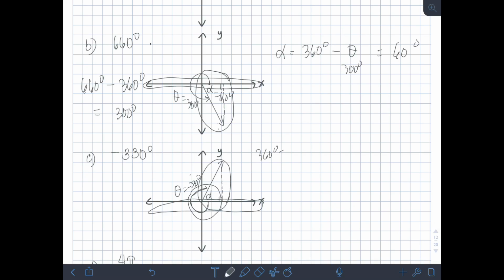Bale, 360 minus 330 degree is simply 30 degree. So, therefore, itong angle natin na reference ay 30 degree. Okay? Kasi coterminal itong 30 degree dito sa negative 330 degree at kapag nasa first quadrant or acute angle yung angle natin which is positive 30 degree, equal na rin yon sa reference angle natin na alpha.